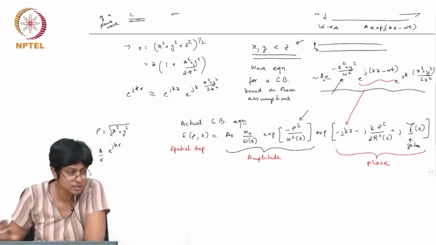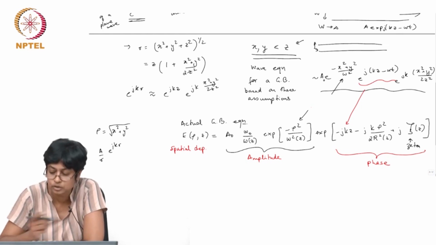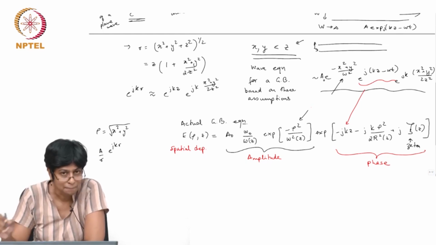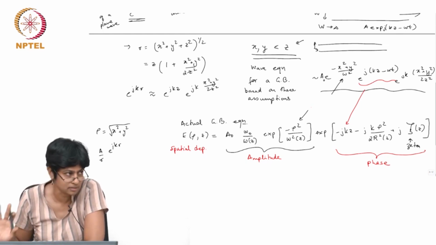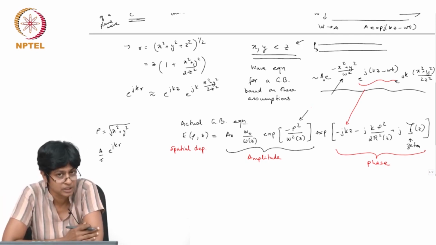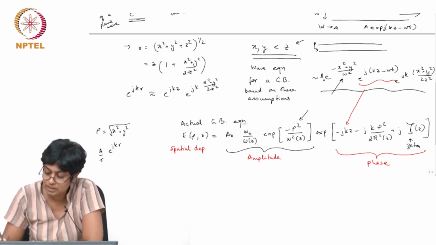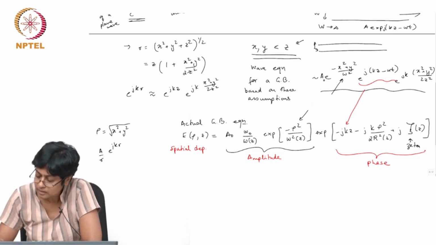So we've written only the spatial dependence of the Gaussian beam here. That's why you don't see the term minus j omega t. I can write that. It doesn't give me any information about the spatial extent of the wave. So this has been taken into account here.